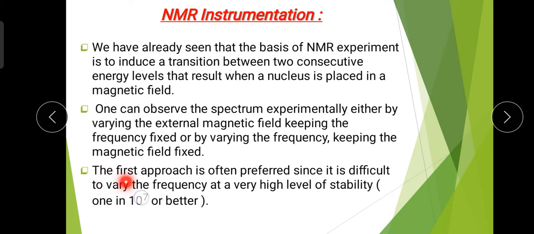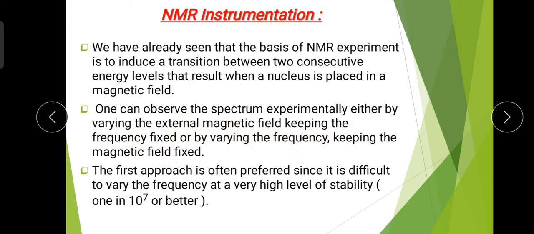But the first approach is often preferred since it is difficult to vary the frequency at a very high level of stability, that is 1 part in 10 to the power 7 or better. That means we vary the external magnetic field keeping the frequency fixed.